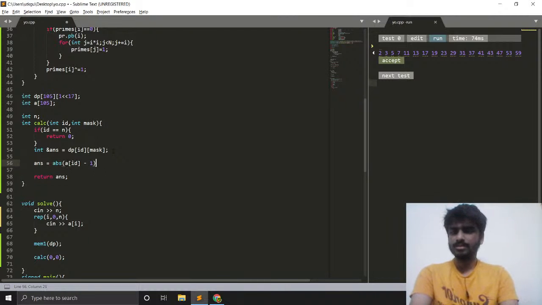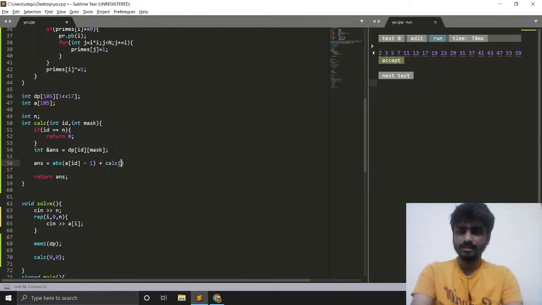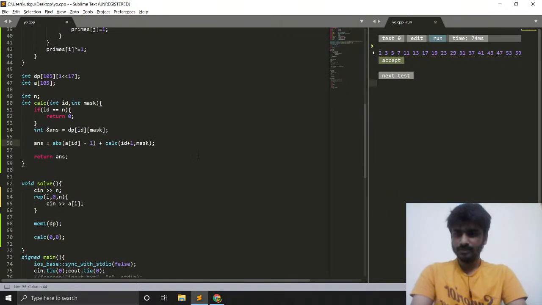So the first option is to keep a 1 here and go to the next index without changing the mask at all. So I think that's the first option.